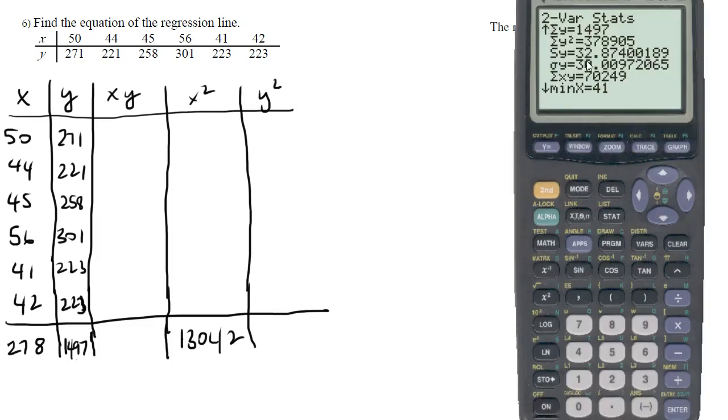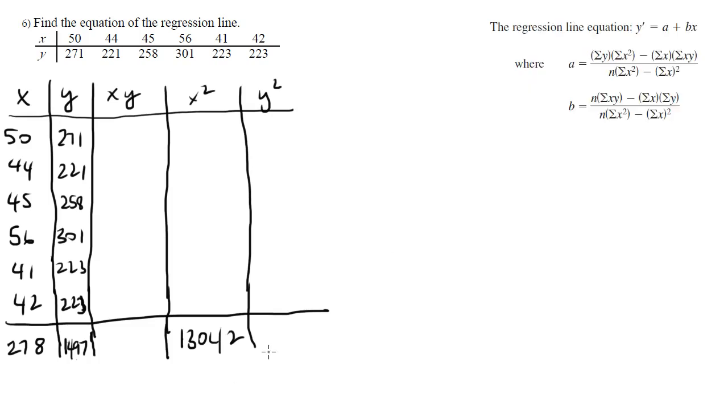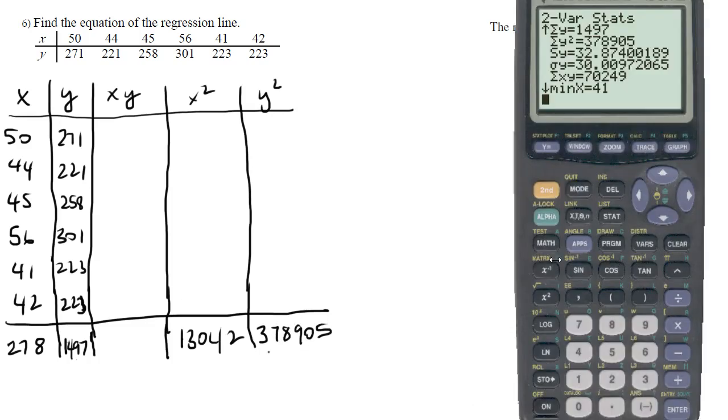I get the sum of the y squareds as well, 378905. And last but not least, it gives me the sum of the x, y's, 70249.